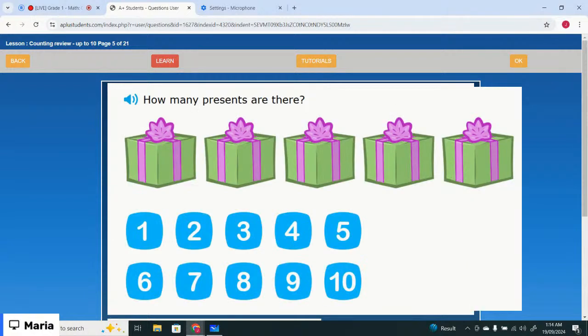How many presents are there? Which is the correct option?